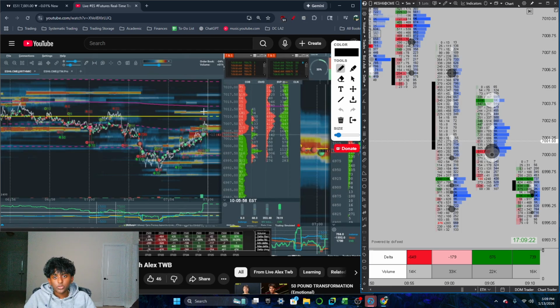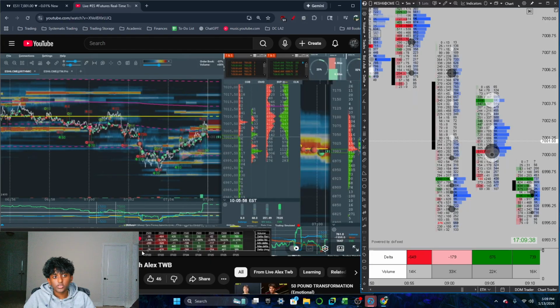What we do know is that we are coming back to this high volume node region, and we have a lot of liquidity preventing us from going towards the upside. That being said, we do have a little bit of liquidity causing us to move upwards as well.